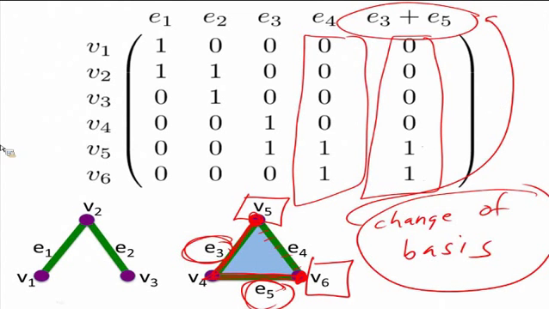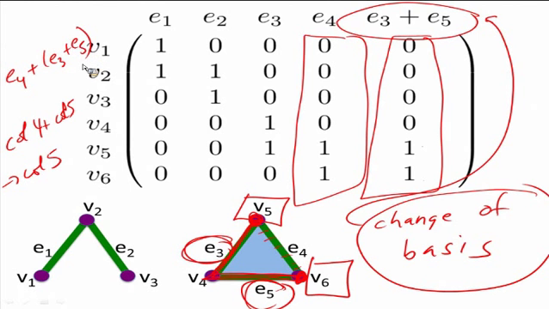So now I will do column 4 plus column 5 into column 5. But at the same time, I will do my E4 plus my E3 plus E5. So I'll do another change of basis here as well.